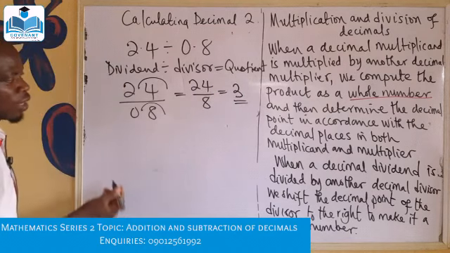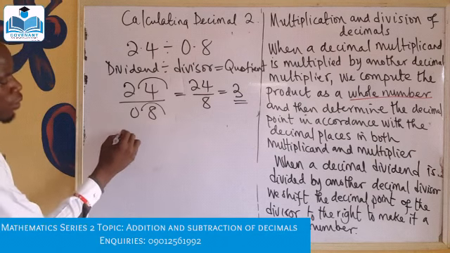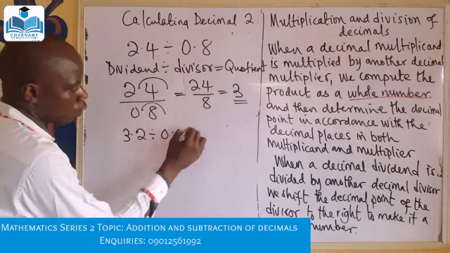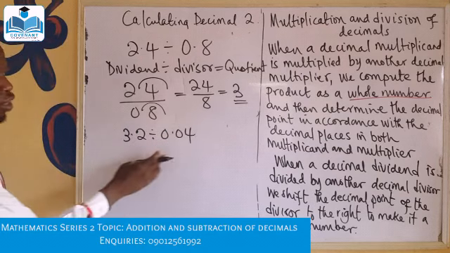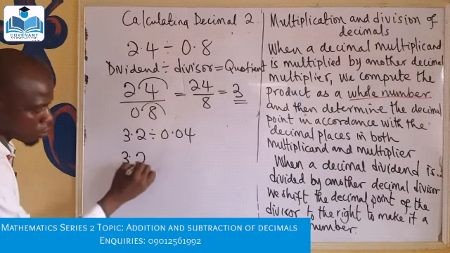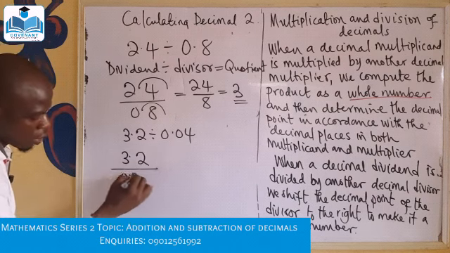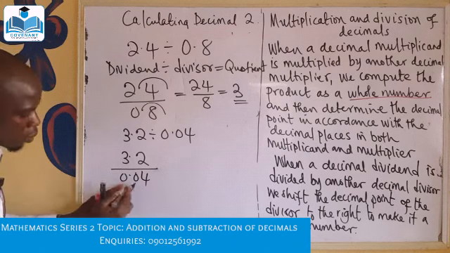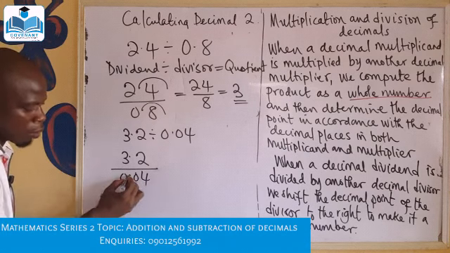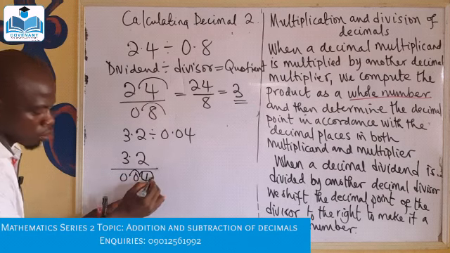So, in case you're having another example, you're having 3.2 divided by 0.04. Can we look at this? How do we divide this? Now you want to make your divisor, which is 0.04, a whole number. That means you are going to move the decimal point 1, 2 to make it 4.